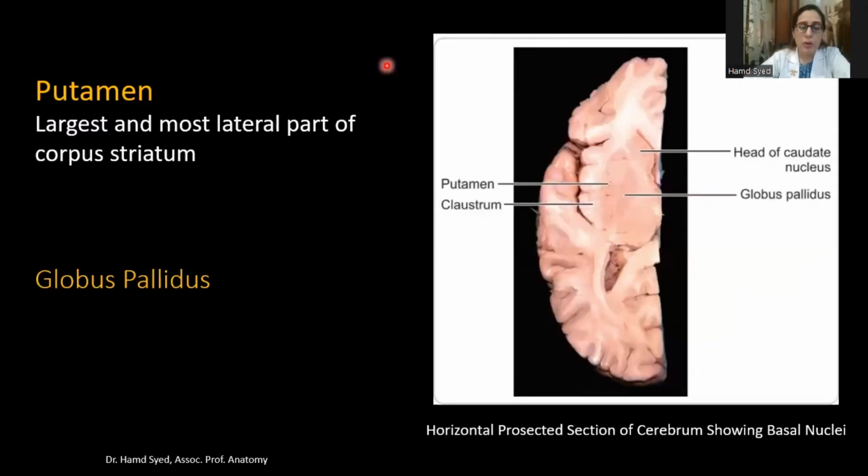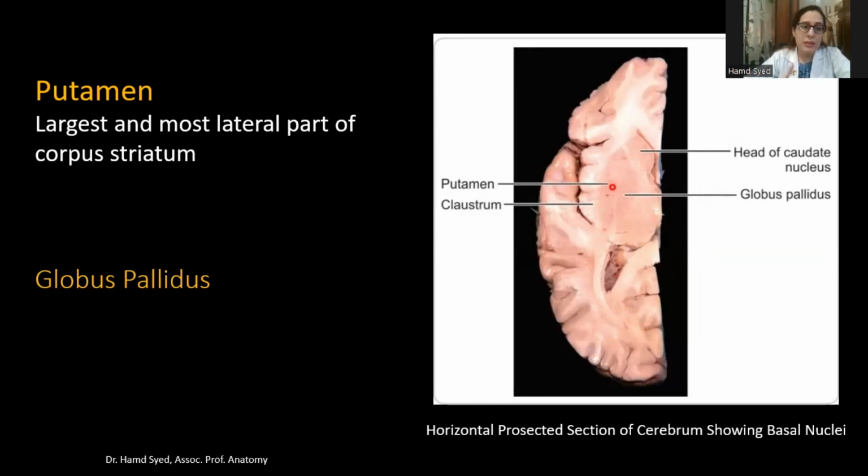Okay, so if we were to look at the prosected section, it is still the horizontal section through the brain, but in this case, it is not a drawing, it is a prosected specimen, and we are looking at half of the cerebrum from above. Then we can see that these structures are here. If you look at it closely, you can see the wedge-shaped lentiform nucleus, and it has the lateral part, which is putamen.